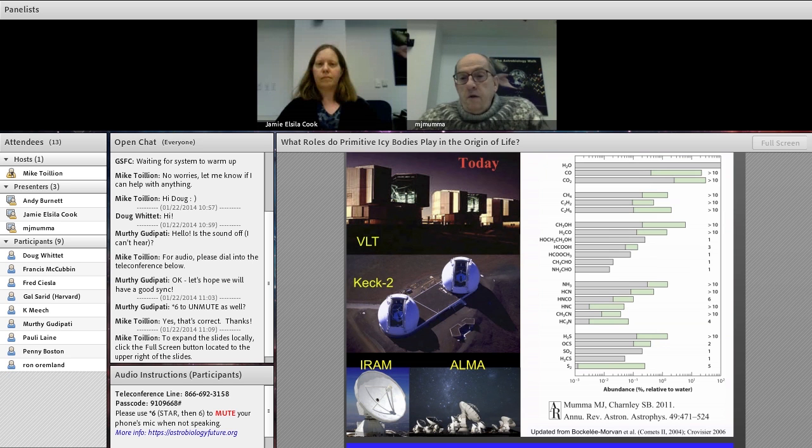What's shown here is two things. One is the range of species, water being at the top, but the other is the range of abundance in a given nucleus. And what you see immediately is that whenever water is used as a metric, you see a huge range of abundance of, for example, CO by a factor of 100 in going from one body to another. And in CO2, almost a factor of 20, and so on. Whereas other molecules show a much smaller gradient.